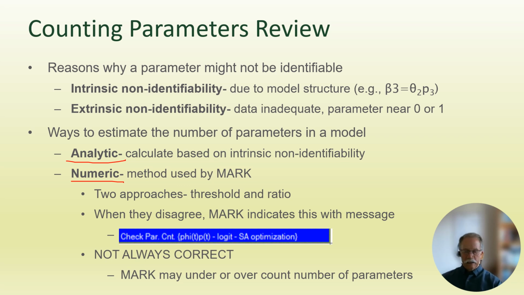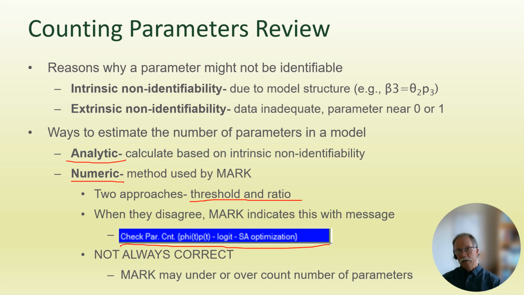Again, the Mark book goes into a lot of detail about the two approaches that are used, threshold versus ratio methods, for the Hessian matrices. And one thing Mark does do when the two numeric approaches don't agree is give you a call out that says check parameter count, because the two methods aren't agreeing with one another.